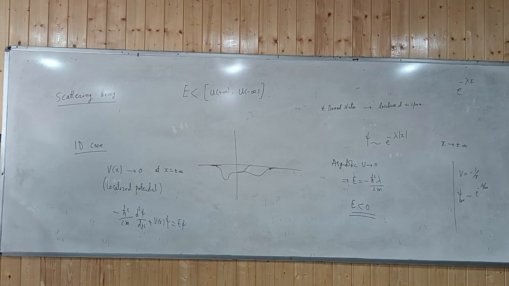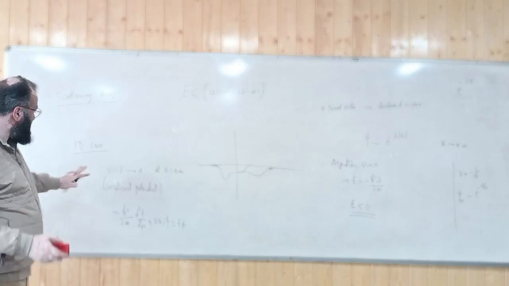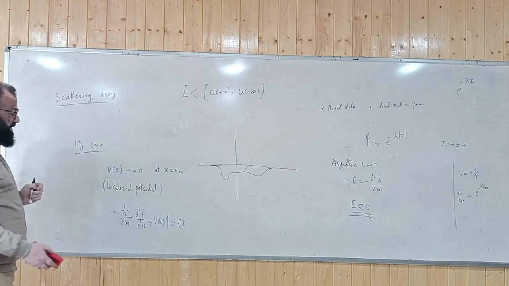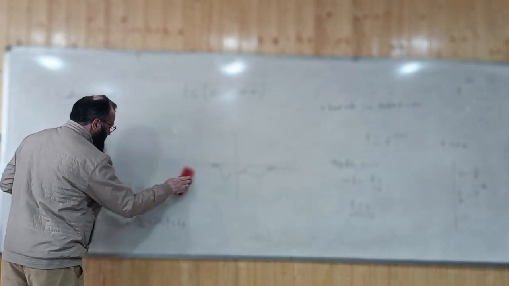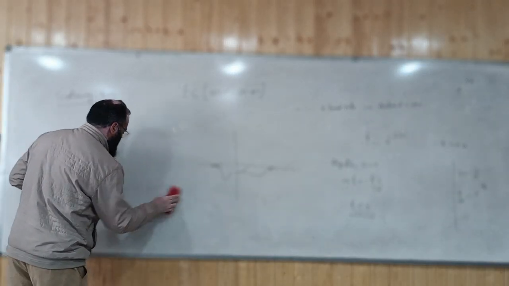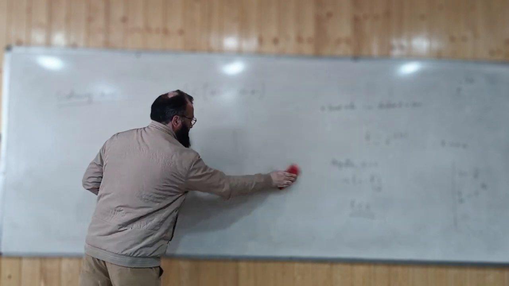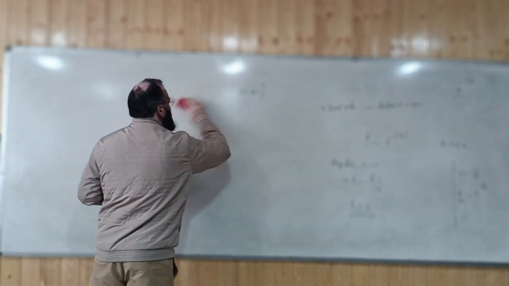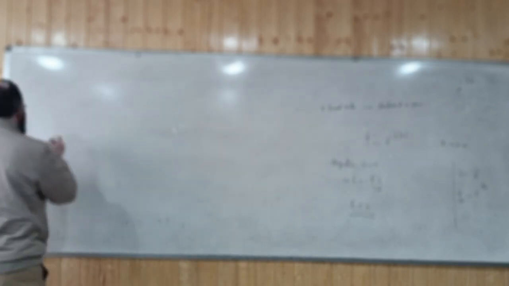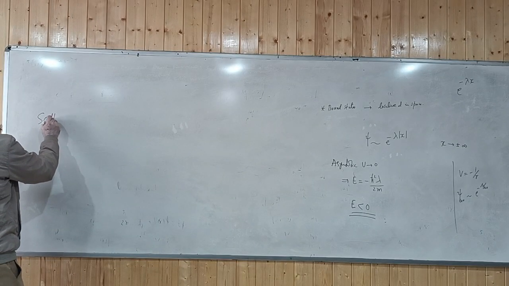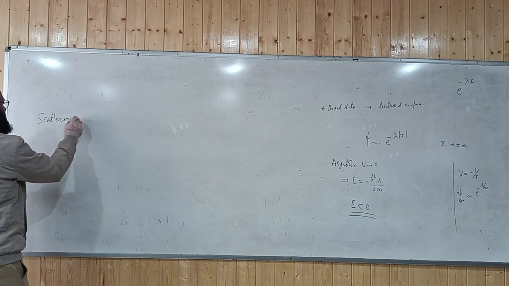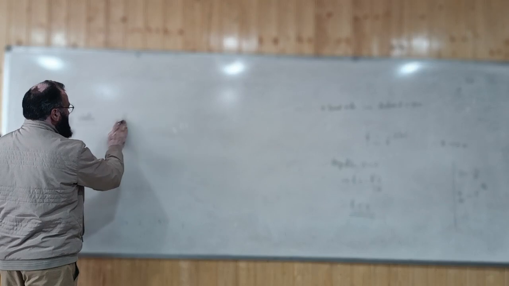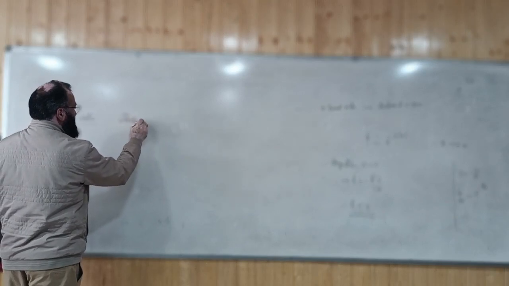Now let's go to the other solutions. This kind of potential will admit two types of solutions. One we call the bound states, another we call the scattering states. These are not localized solutions.